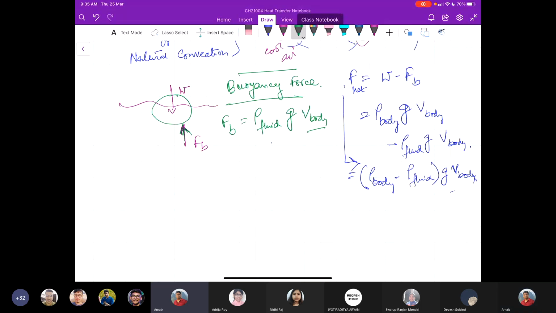Volume expansion coefficient. The symbol is beta.